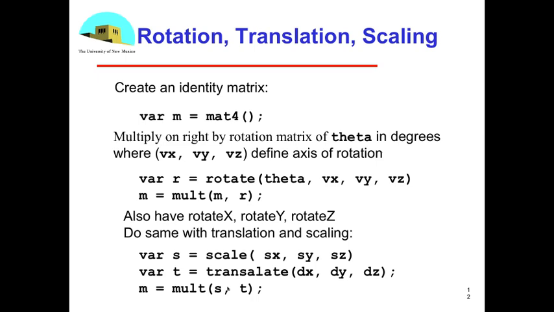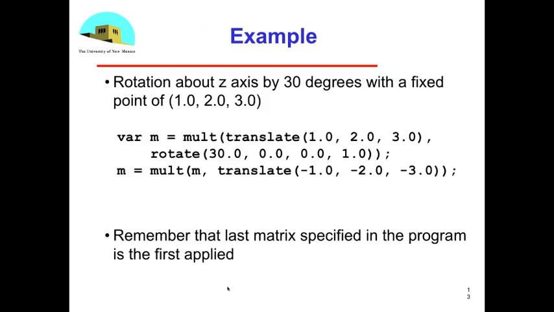So here's the simple example of a fixed point of 1, 2, 3 and rotating 30 degrees about the z-axis. So here's the multiplication of a translate. Notice you can chain these all together. I could actually write this all in one line. I think it's a little less confusing.